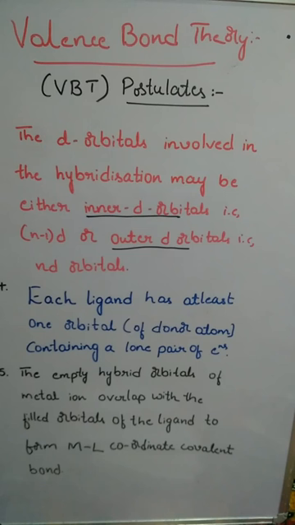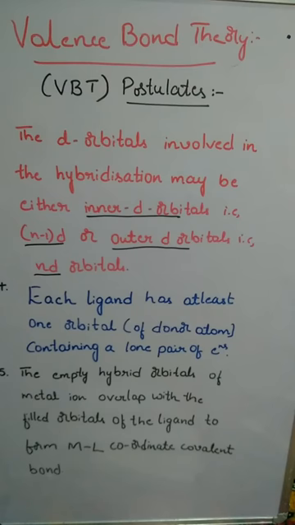If inner d orbitals are involved, the complex formed is called an inner orbital complex. If outer d orbitals, that is nd, are involved, then the complexes are called outer orbital complexes.